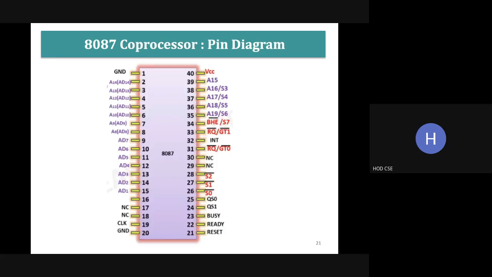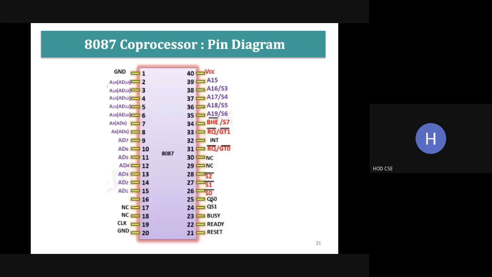Do you remember the architecture diagram? Yeah, 8 byte. Very good, Kaushika. So it is 8 byte.